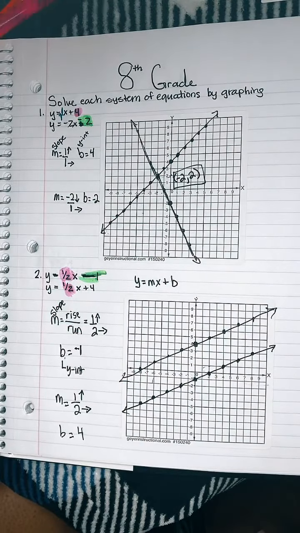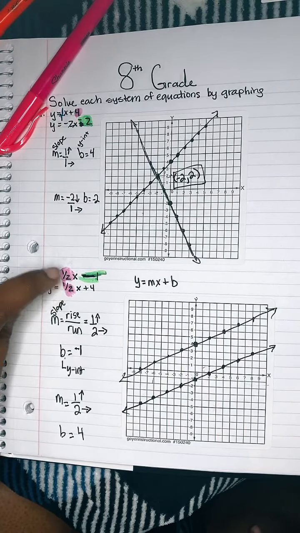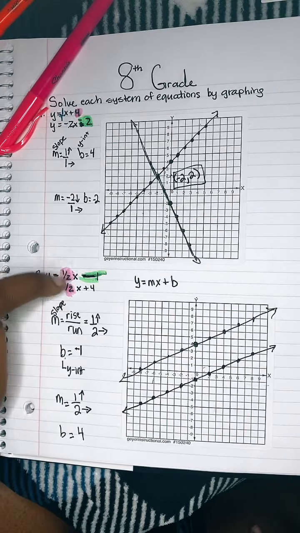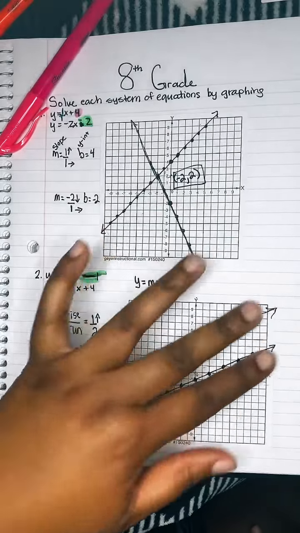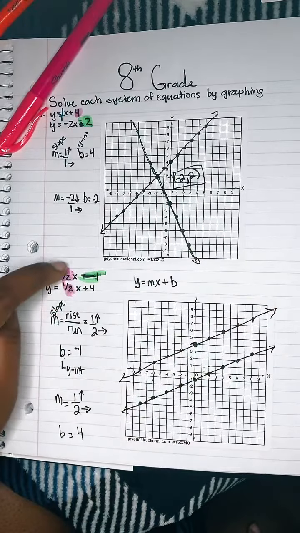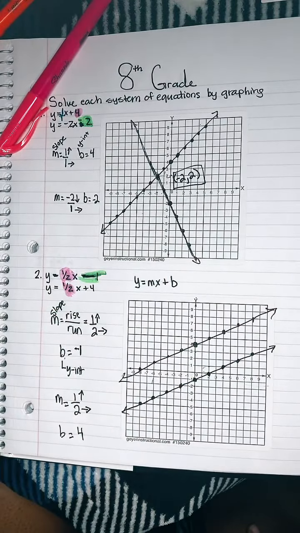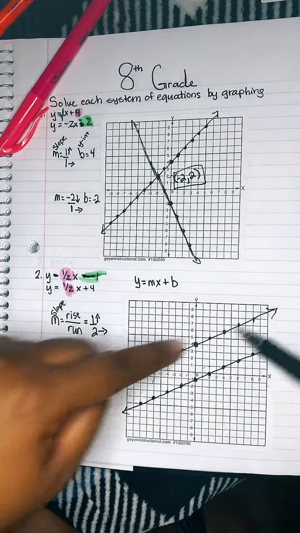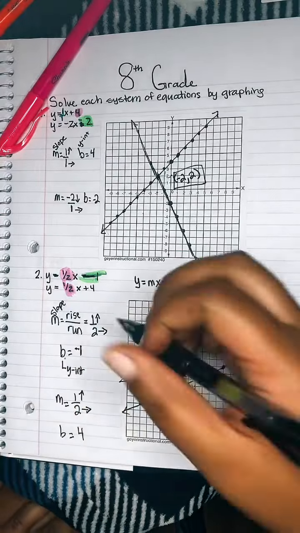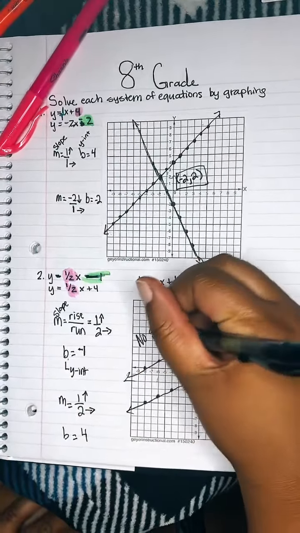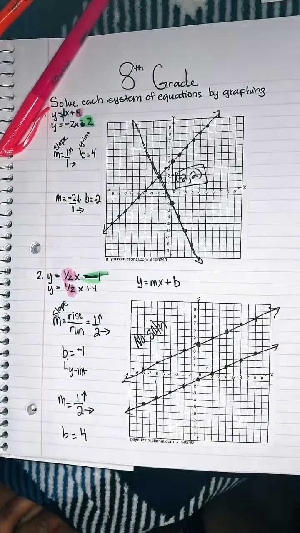So if two equations have the same slope, before even drawing them out, they're automatically going to be parallel lines. And since they are parallel lines, like You Look Good said, they have no solution, because they never intersect. So this is no solution, short for solution.